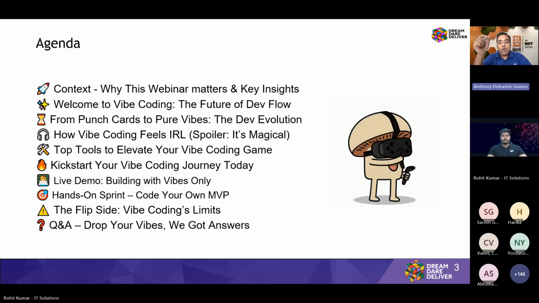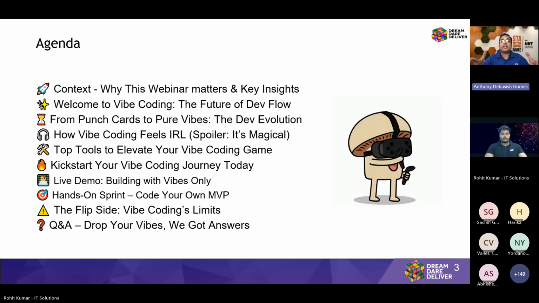Rohit is going to give all of us one small use case, a couple of small use cases, and during that time we will be given an hour's time where all of us are going to build our own MVP. Rohit is going to ask a few names to showcase what you have done. And if you are stuck, Rohit is going to help all of us and show how to do it.